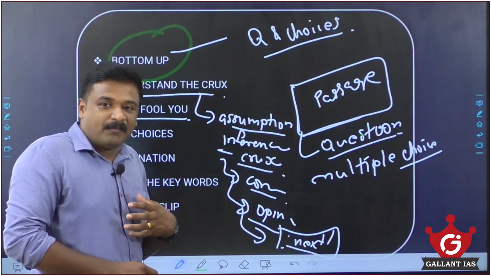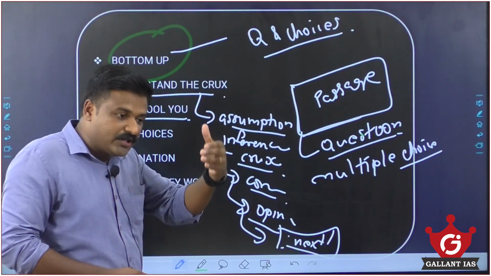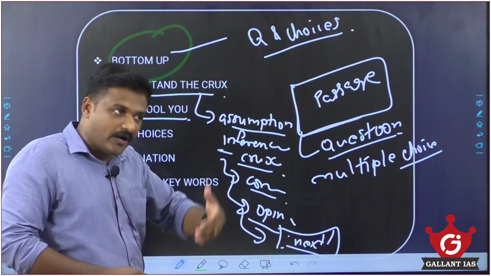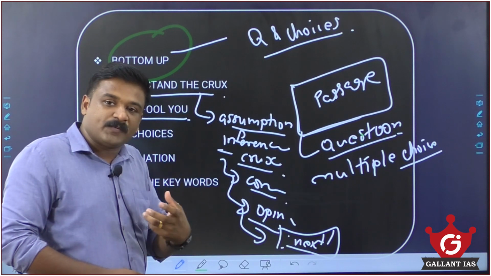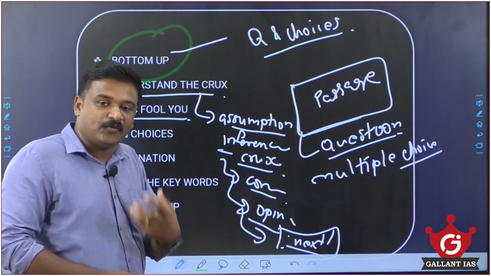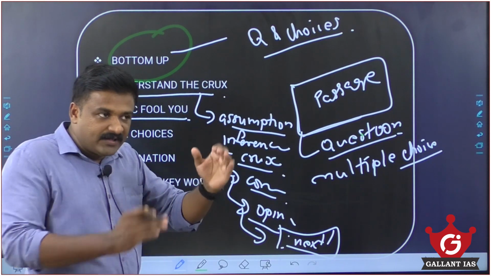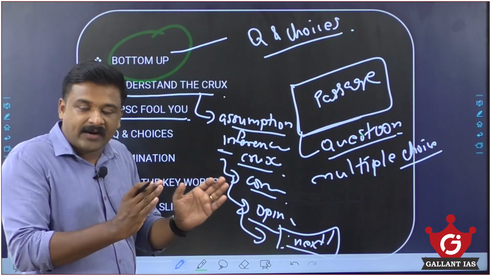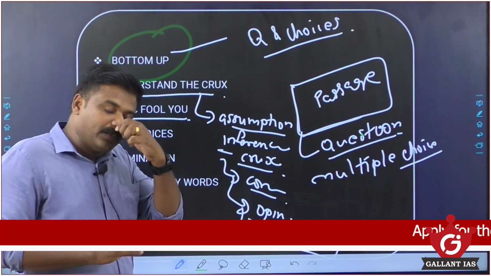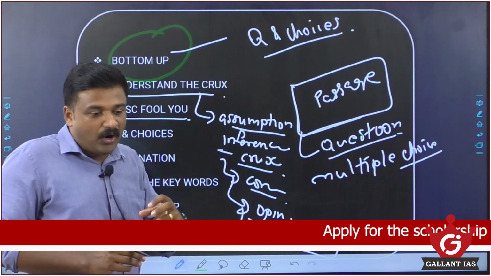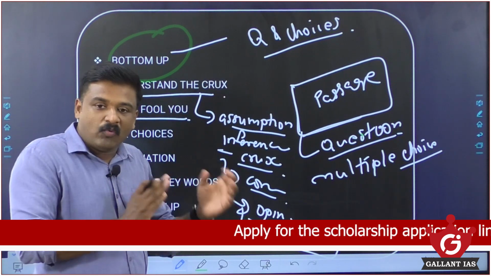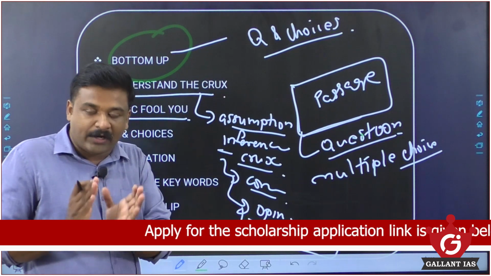This also you keep in mind. When UPSC gives you the questions or the choices, the basic purpose is to trick you, to trap you, to fool you. You may feel that almost all the choices are right choices. But the biggest challenge is you have to eliminate one by one until you reach the accurate one.